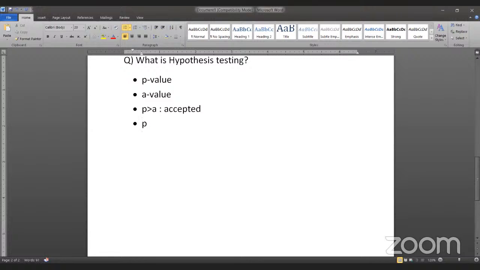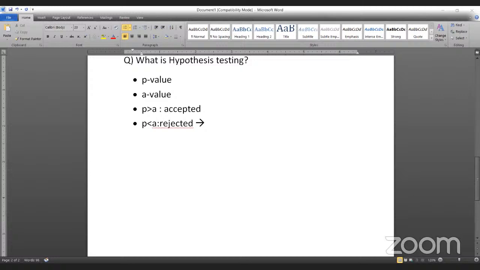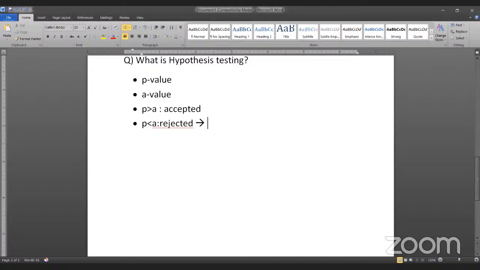If p is less than alpha, it is rejected. And when it is rejected, we can say the results are statistically significant.